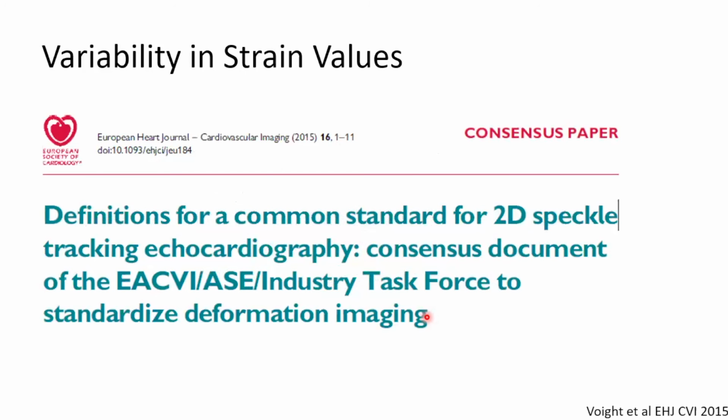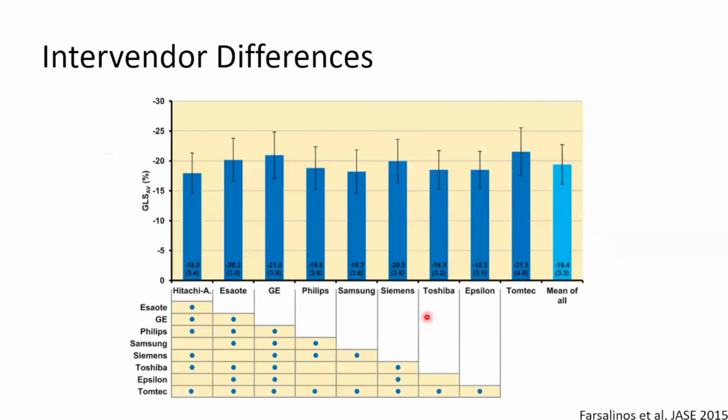So the ESC, in combination with ASE and the industry task forces, have actually created a common definition for 2D speckle tracking echocardiography for all of these definitions, all of these variabilities, to ensure that the vendors specify what they are doing with the software and to try to standardize it as much as possible. But despite that, we still see a lot of inter-vendor differences. This is actually a study of 62 normal patients of varying LV function, and they looked at 7 different vendors, 2 of them software-only vendors, so they don't make ultrasound machines, they only make software.